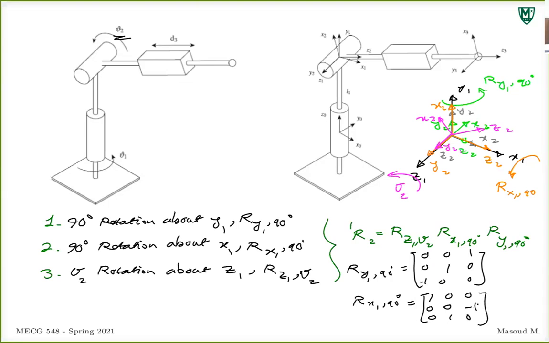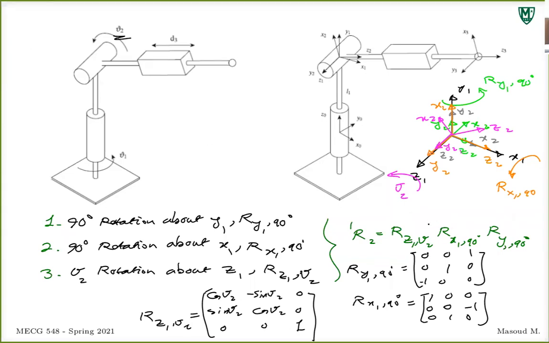Hopefully I got the right cosine sign minus. And R Z1 V2 would be rotation around Z. So you start from cosine V2, minus sine V2, 0, sine V2, cosine V2, 0, then 0, 0, 1.